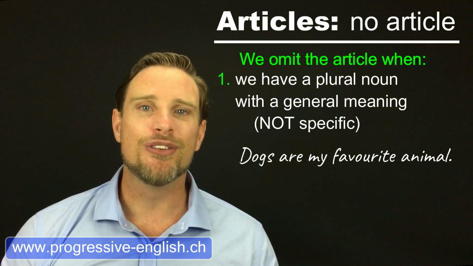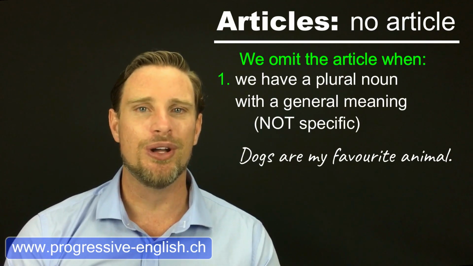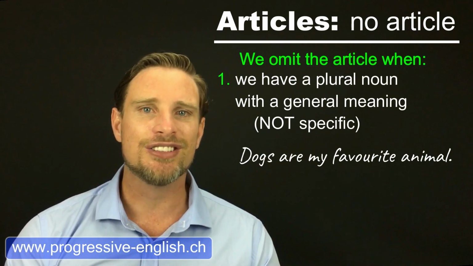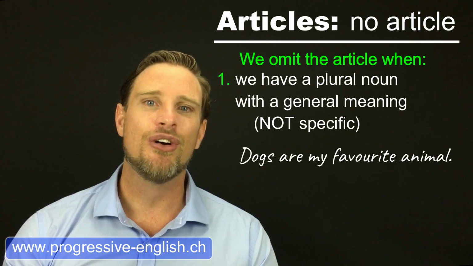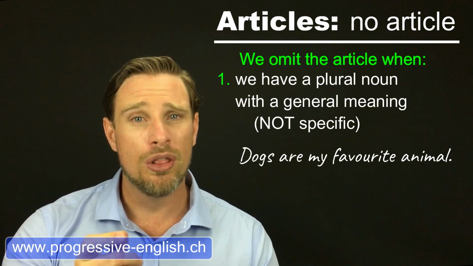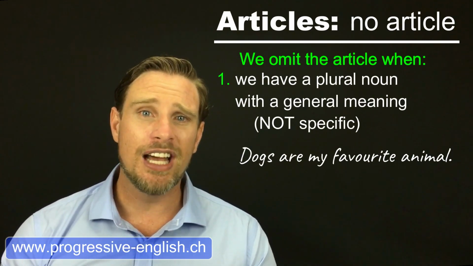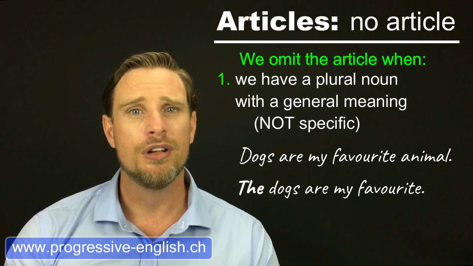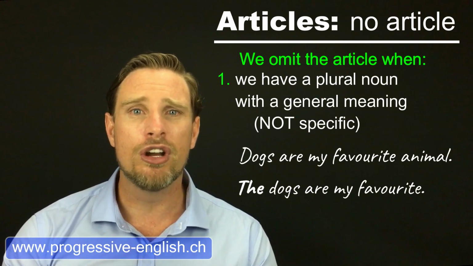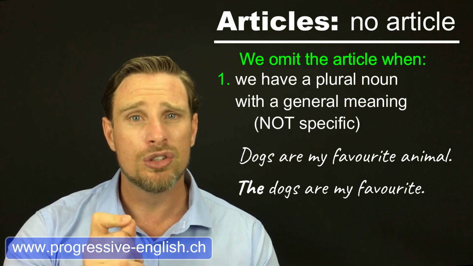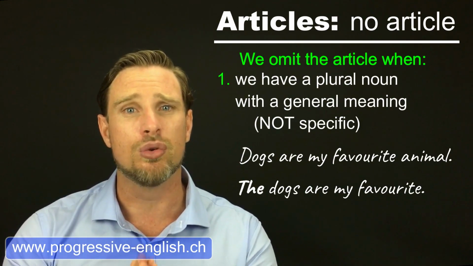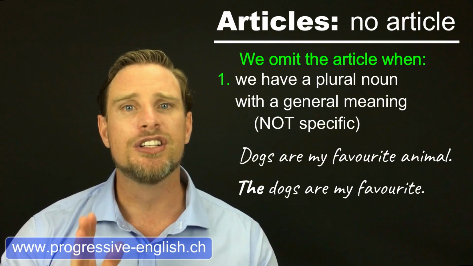Now, if I was on a farm, for example, and there were chickens and cows and horses and dogs, and someone asked me, what is your favorite animal on the farm? I might say, the dogs are my favorite, because then I'm referring to the specific group of dogs, the specific dogs on the farm, not just dogs in general. So that's a clear distinction.